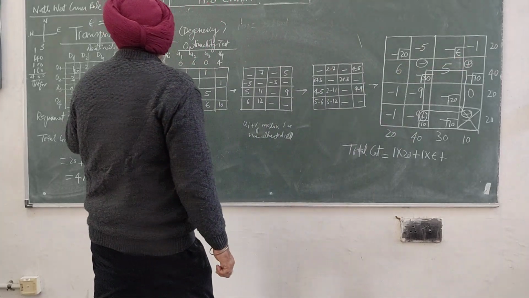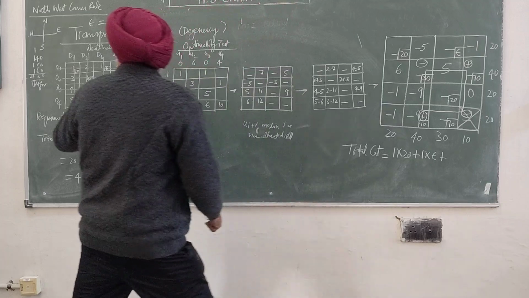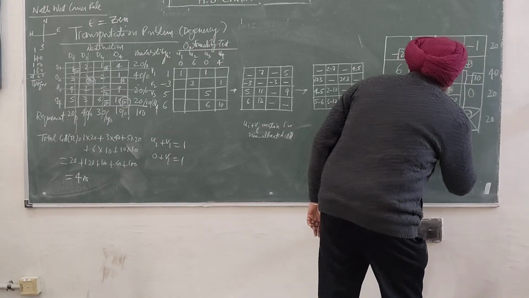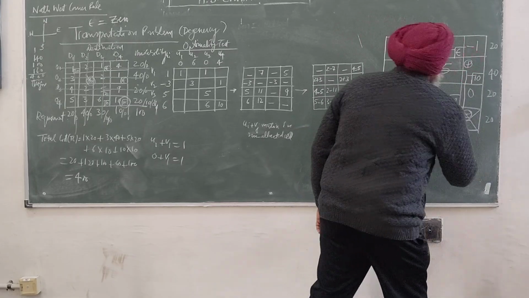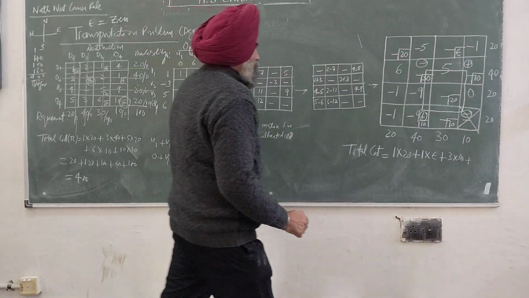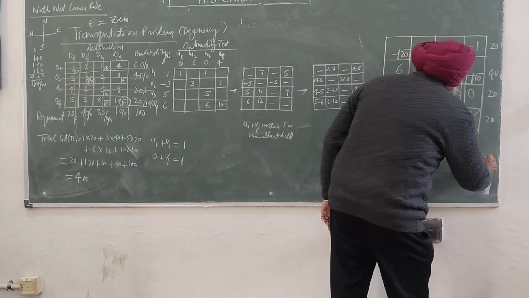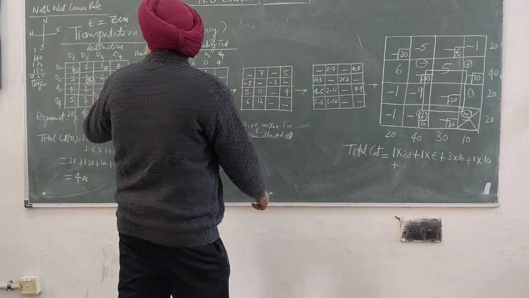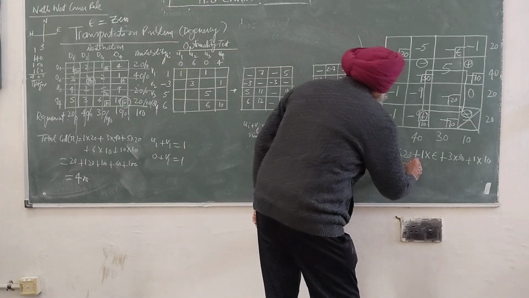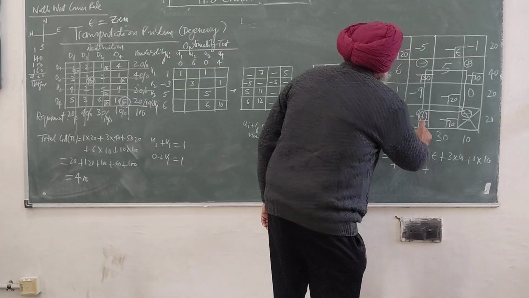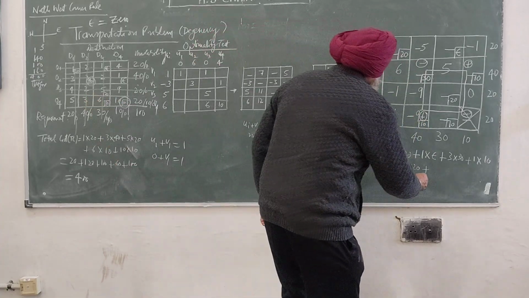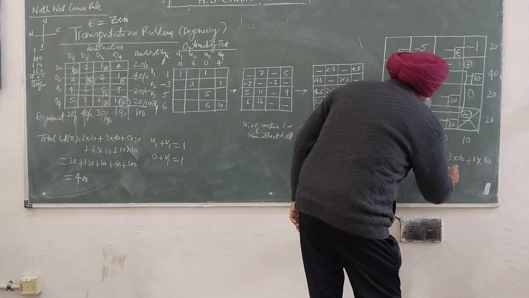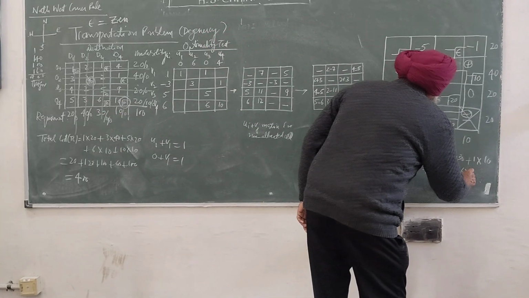Then here it is 3 into 30, plus 1 into 10, plus 5 into 20, plus 3 into 10, plus 6 into 10.